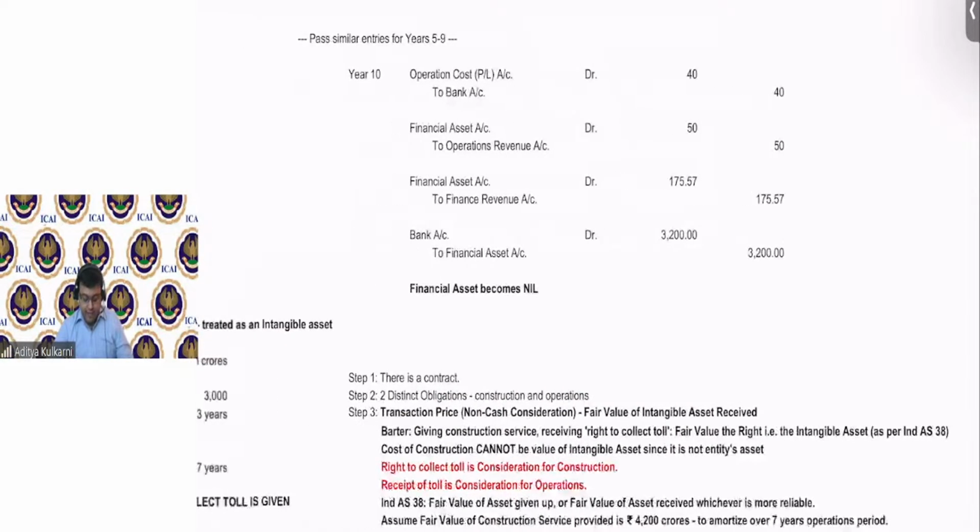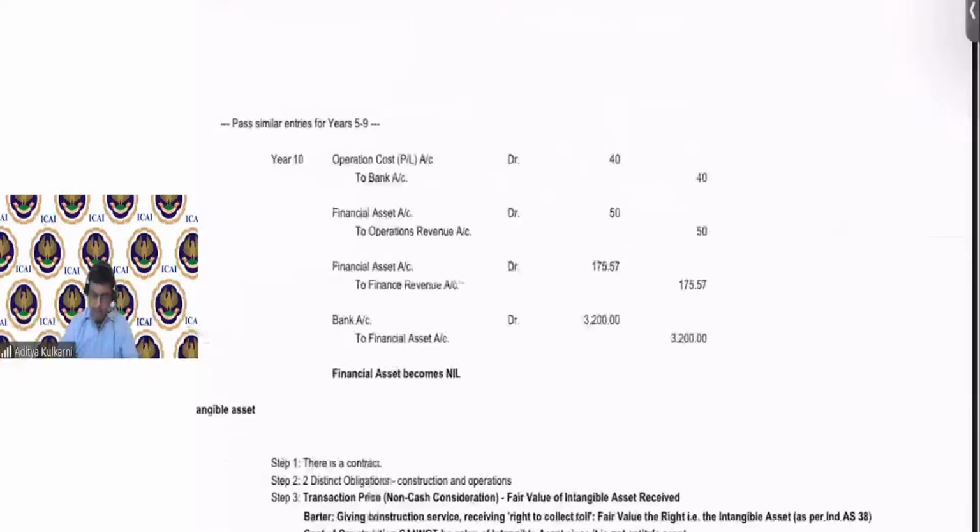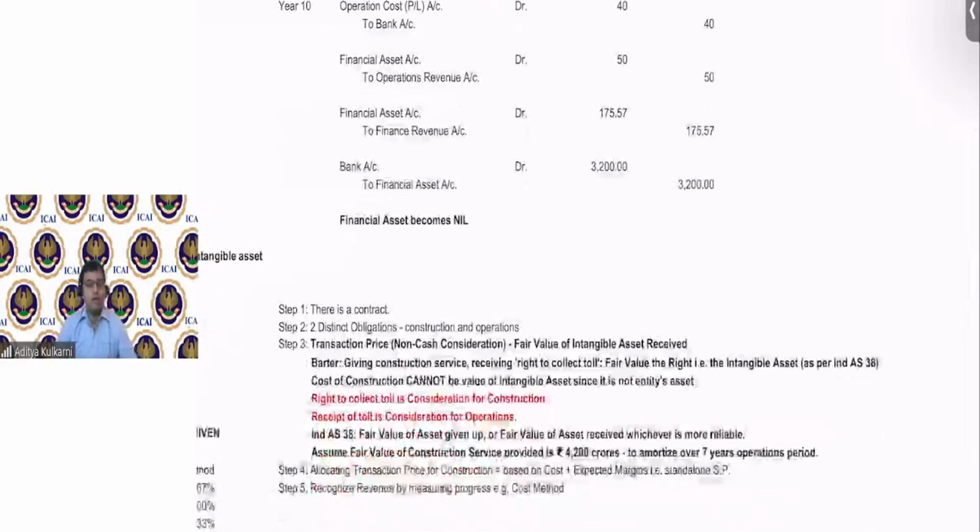And finally, we have to check whether the 5-step model is satisfied or not. So what is the condition for satisfying? There is a contract, yes. Distinct obligations, yes. Transaction price is the fair value of the intangible asset received. Giving construction services, receiving the right to collect toll.